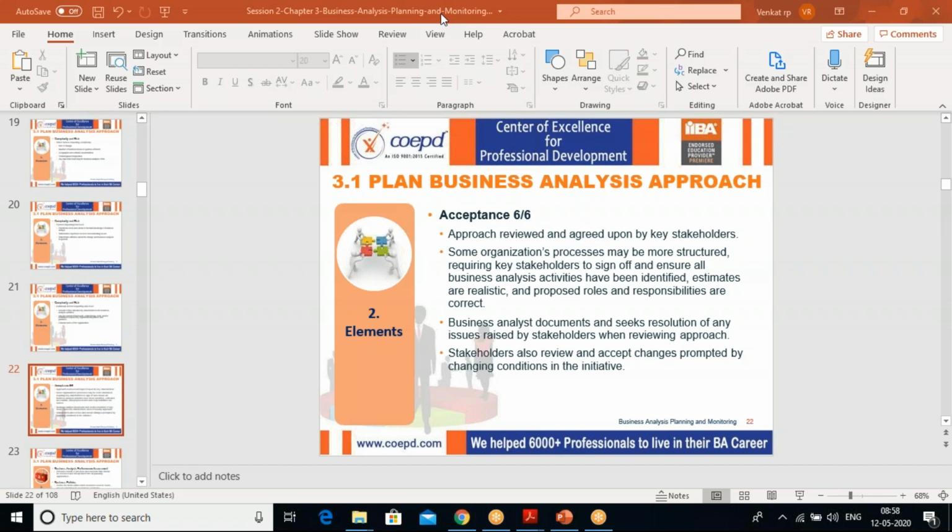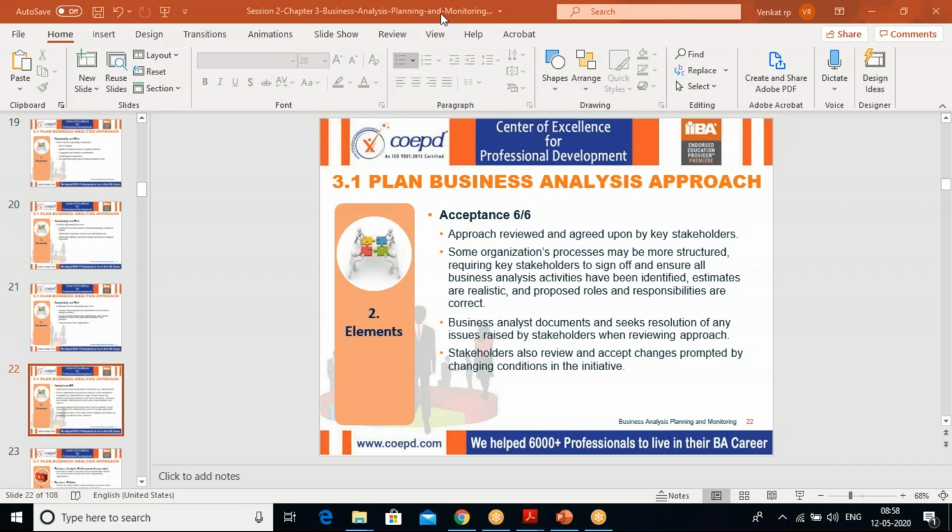Number four is timing of business analysis work. Five is complexity and risk. Six is acceptance. Did you write it?